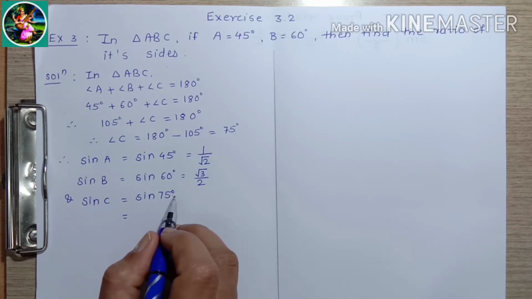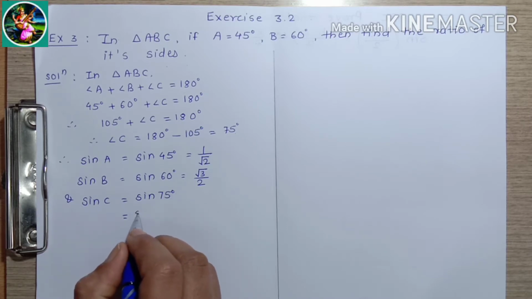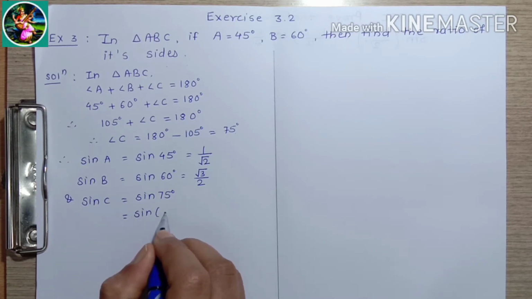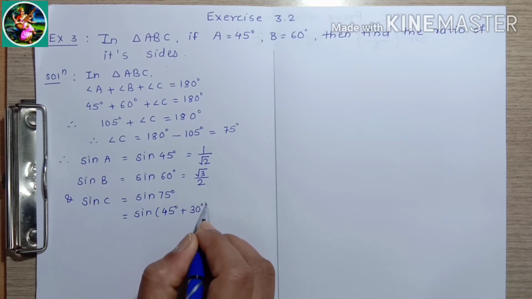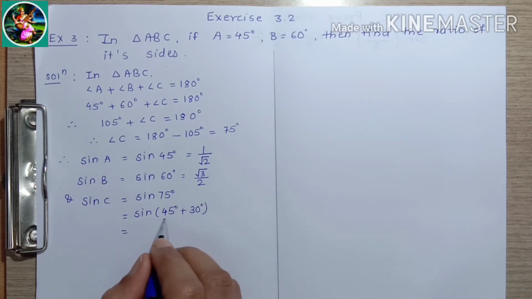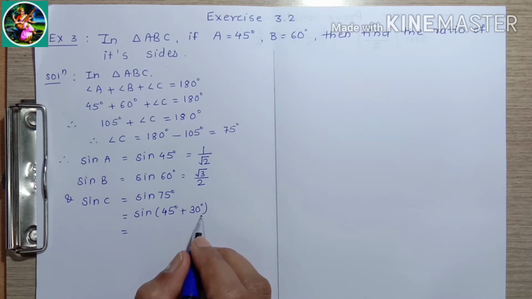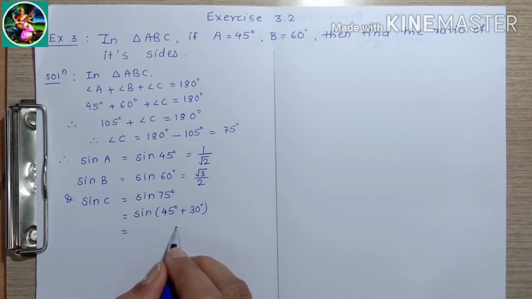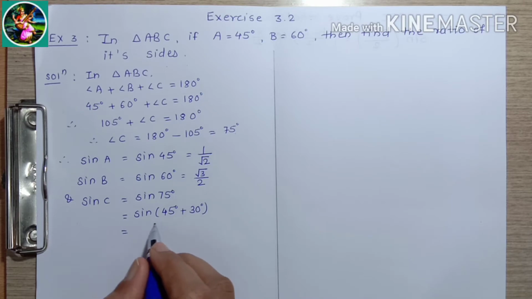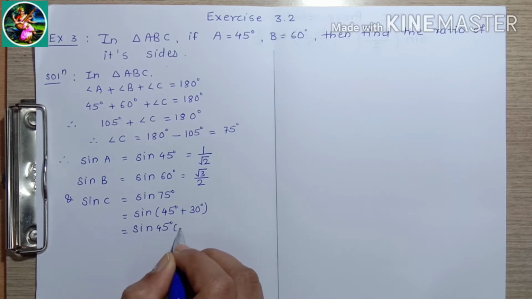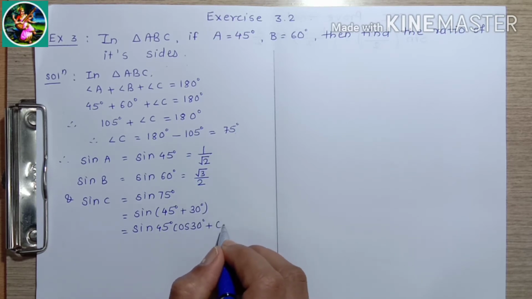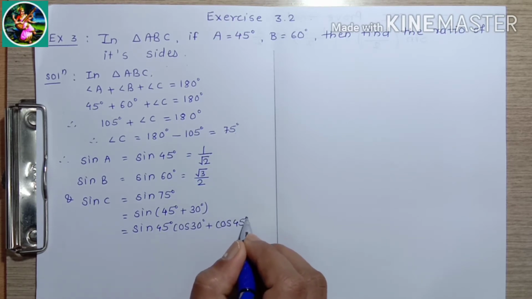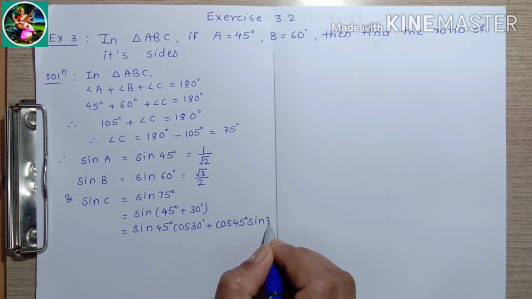Therefore, here we split 75 degrees as 45 degrees plus 30 degrees. We know the formula for sine of A plus B, that is sine A cos B plus cos A sin B. Therefore, we write sine of 45 degrees cos of 30 degrees plus cos of 45 degrees sine of 30 degrees.